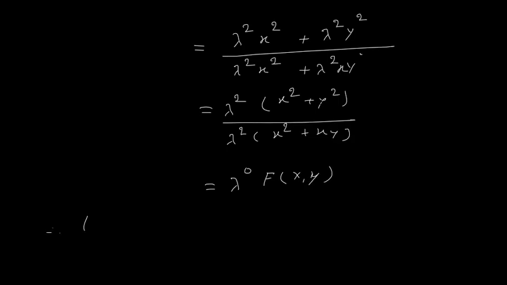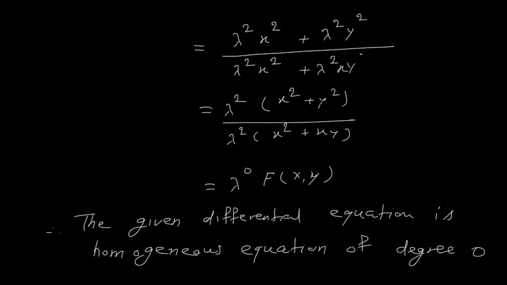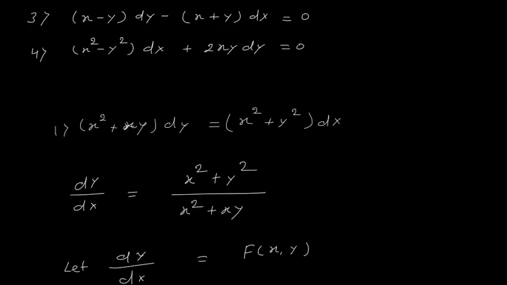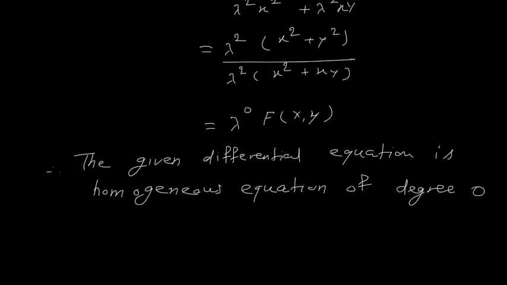So therefore the given differential equation is homogeneous, a homogeneous equation of degree 0. So this is your first part, that you have to check whether the given equation is a homogeneous equation or not.